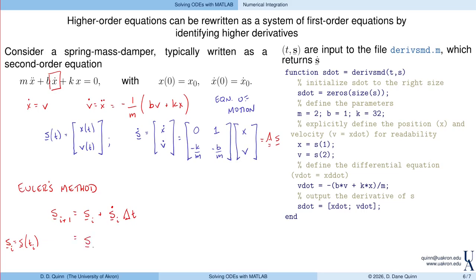Using our equation of motion, right, we have S of i plus now A S i times delta t. And of course, our initial condition is S of 0, right, which is going to be x of 0 and v of 0, or x naught and x naught dot, right, because this is v of 0.